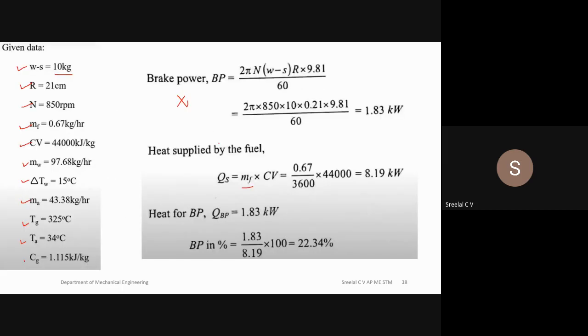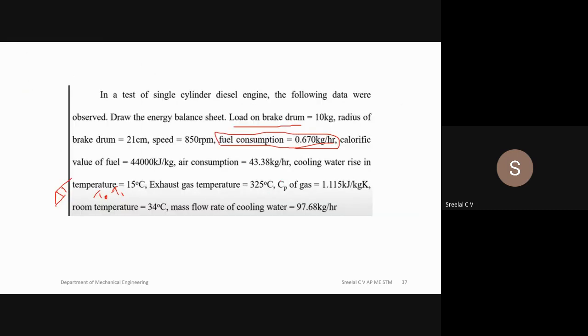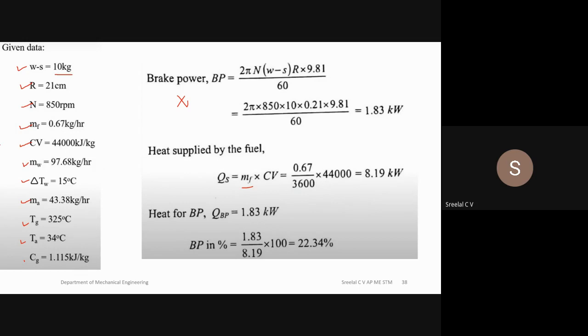In order to convert it into seconds, we divide by 3600, and multiply by the calorific value. Straight away we get 8.19 kilowatt. So what is this? Actually this is the total energy which is available in the engine, right?